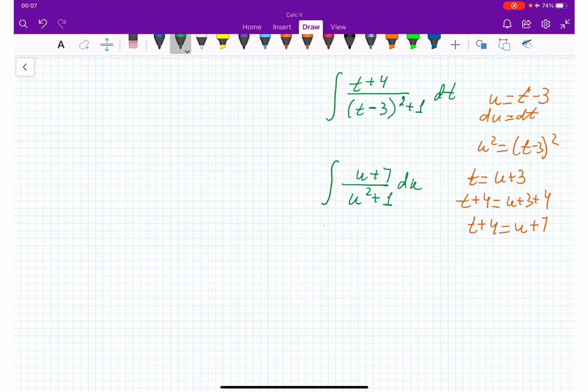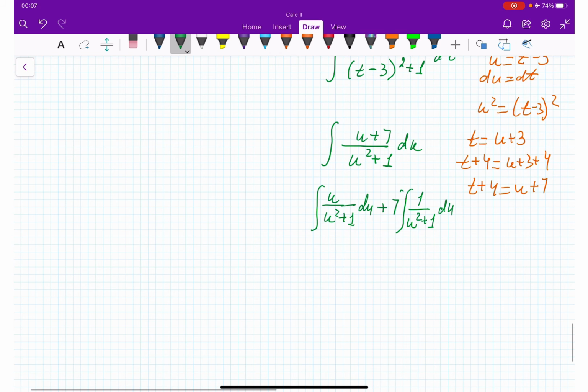It's going to be equal to the integral of u over u squared plus 1 du, okay, plus, taking 7 out, I'm getting 1 over u squared plus 1 du. Yes? All right.